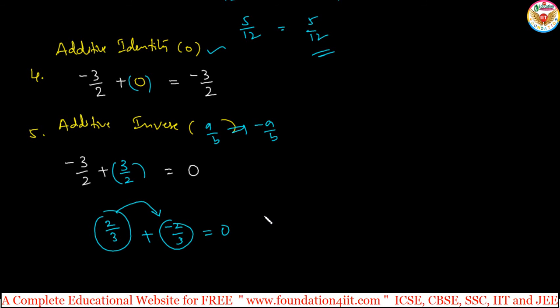Right. Okay, so these are the properties, the same as for integers, which we discussed in previous years' classes. In the same way, the additive identity is 0 and the additive inverse is the negative number. The negative of the rational number is its additive inverse, right? These are the properties we can see from this. Let us see the properties on subtraction also now.